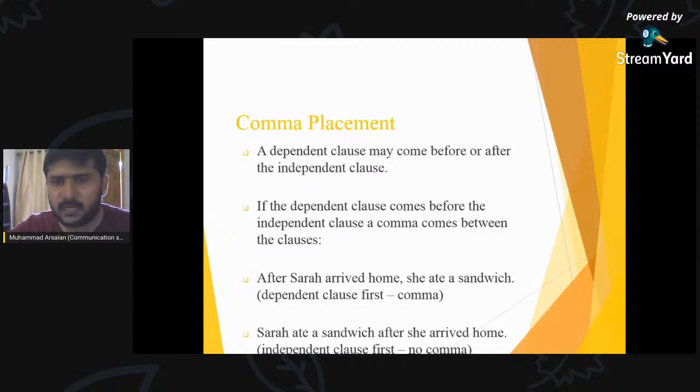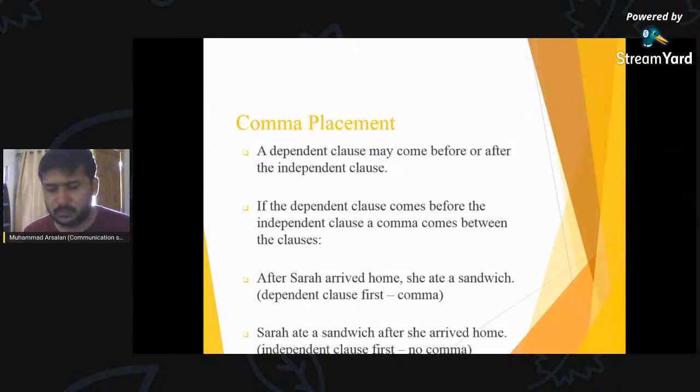Yes, we can see that comma placement is here. A dependent clause may come before or after the independent clause, so it means that the clauses are mobile. They can be used in any way.